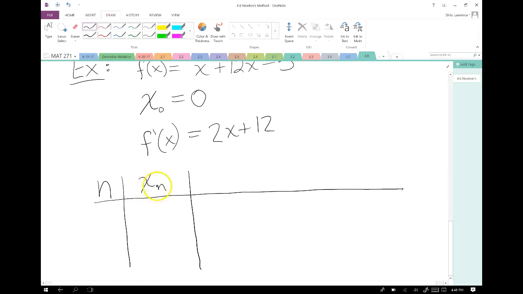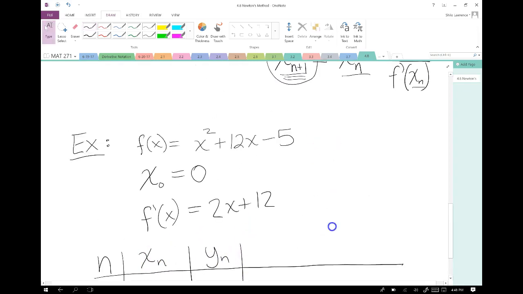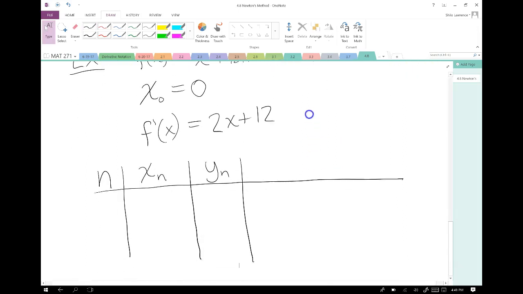I need to know what my x value currently is, what my y value currently is. That's one of the things that we need to know for this formula. What my derivative is. So I'm going to say y prime of n. And then I'm going to use all that information to calculate my new x value.